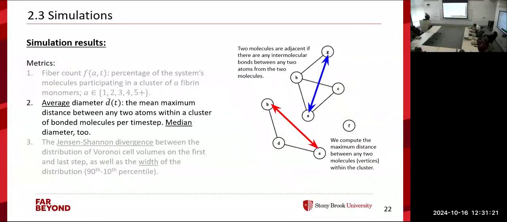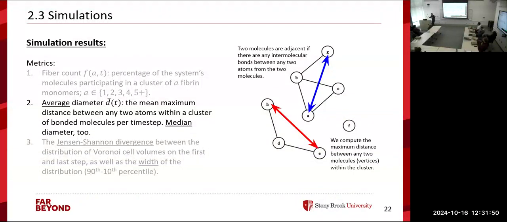Average and median diameter. Diameter, maybe it's a bit confusing of a term. We don't have circles, but we also don't have graphs exactly because we are interested in the Euclidean distances. Within each cluster, I call diameter the biggest distance between any two atoms within the cluster. So if there are any two atoms inside these molecules here, this will be the diameter, this will be the diameter, and so on.